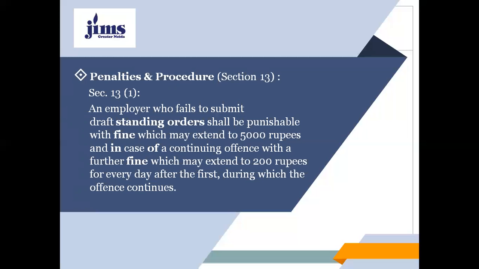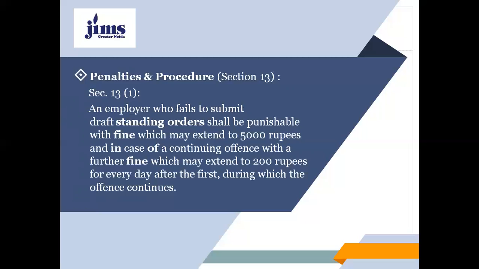And an employer who does any act in contravention of the standing orders finally certified under this act for his industrial establishment shall be punishable with a fine which may extend to rupees 100, and if the employer continues with that offense, then a further fine may extend to rupees 25 for every day after the first during which the offense continues.